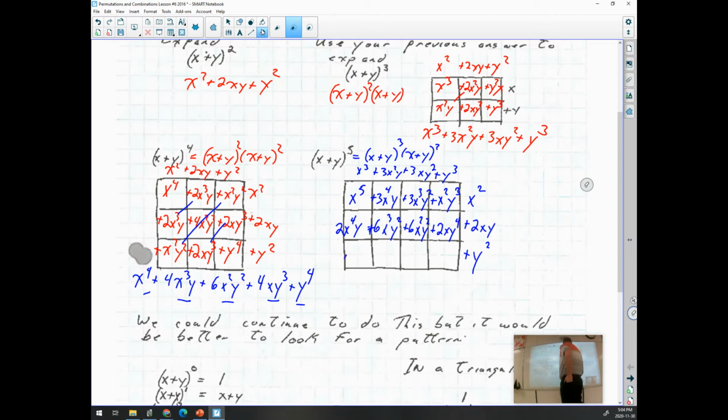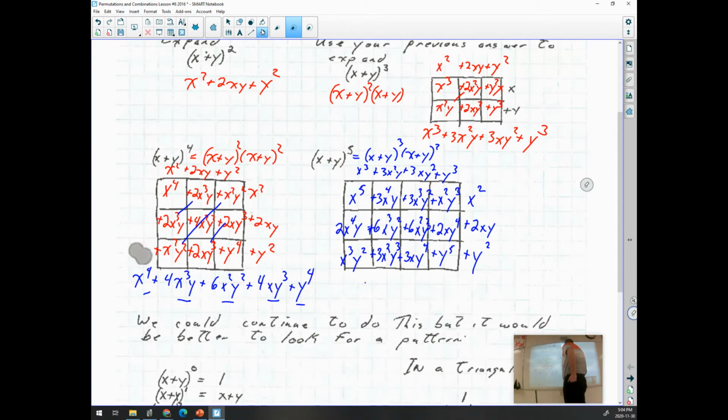On this line we have x^3y^2 plus 3x^2y^3 plus 3xy^4 plus y^5.